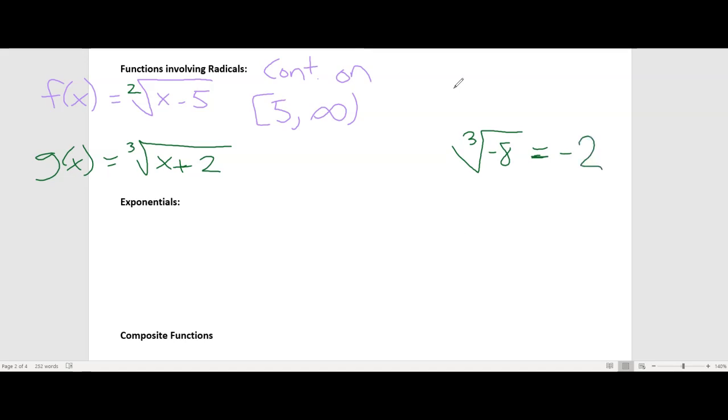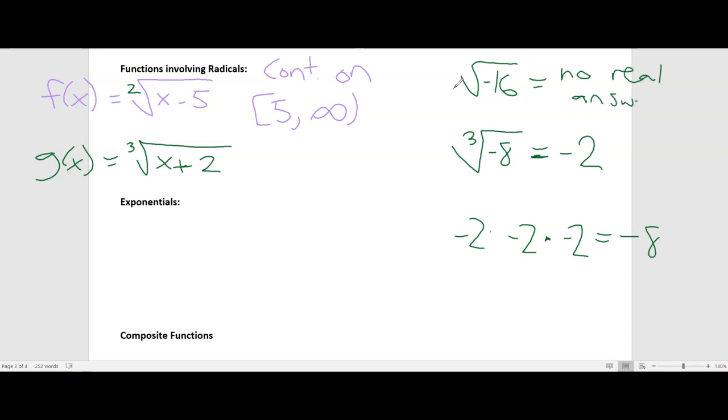It's -2, right? -2 times -2 times -2 gives me -8. But there's no number that's going to be the answer to this expression unless I start to use imaginary numbers. So this has no real answers, whereas this right here does have an acceptable answer, -2. And again, it's based on what that index is telling us to do.